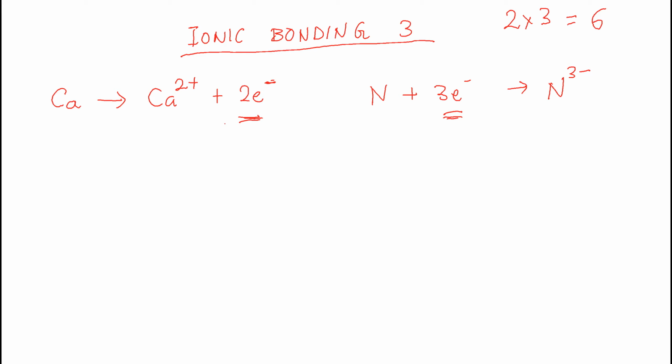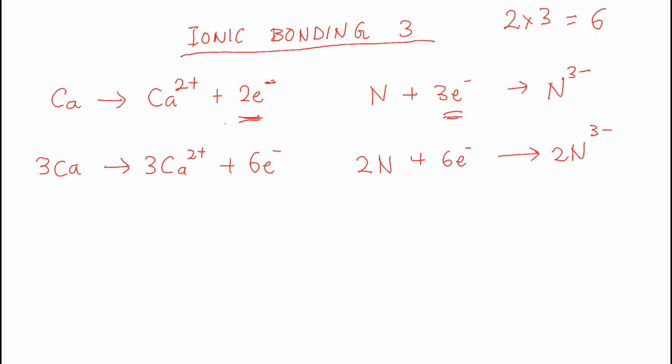Hence, we need to multiply the equation on the left hand side by 3, and we need to multiply the equation on the right hand side by 2. In so doing, we have now balanced the electrons. So the calcium gives 6 electrons, while the nitrogen receives 6 electrons as well.